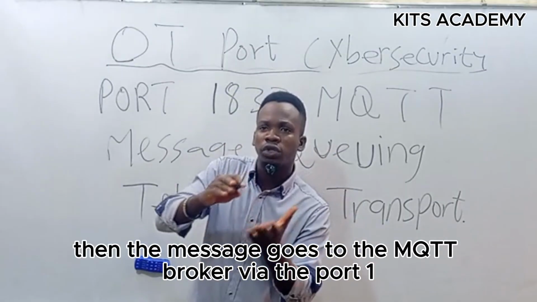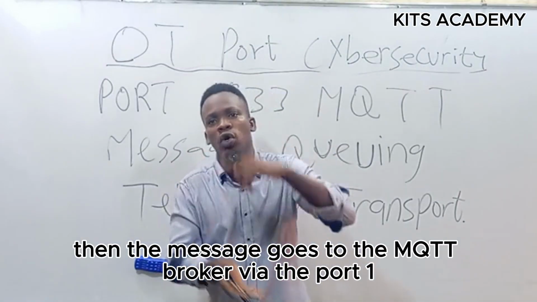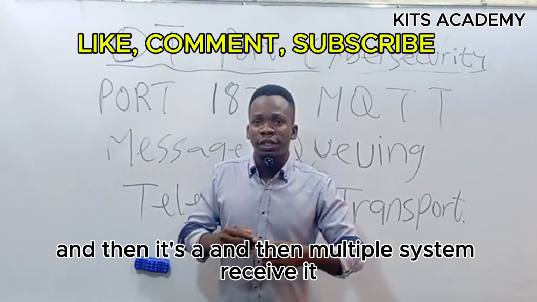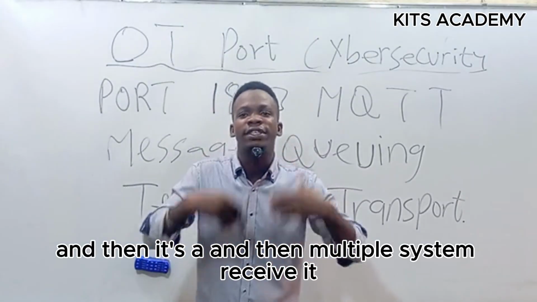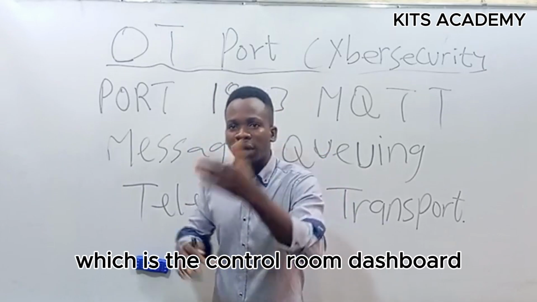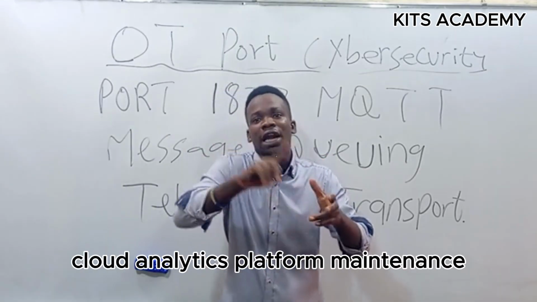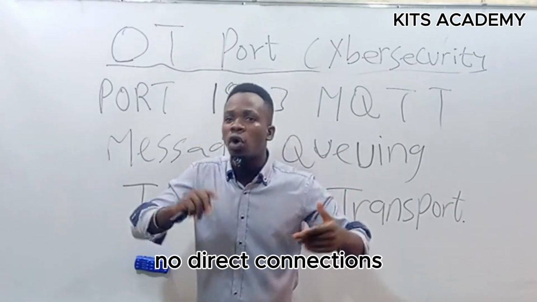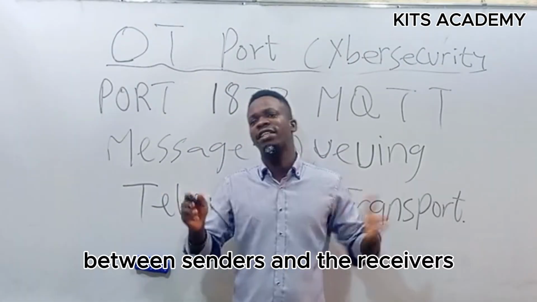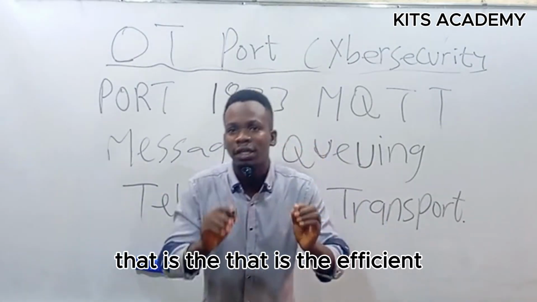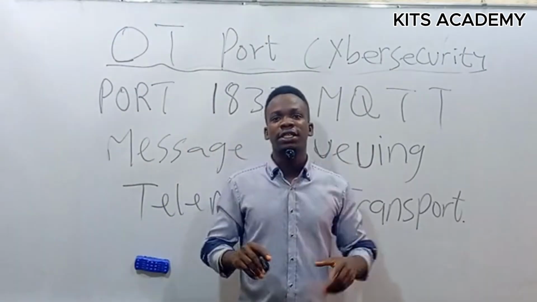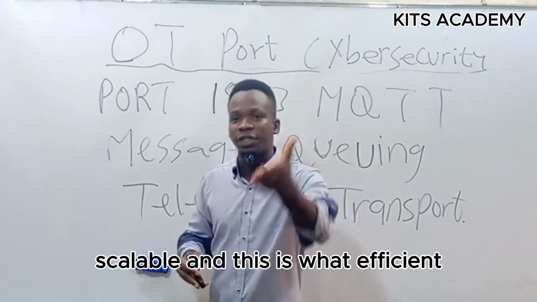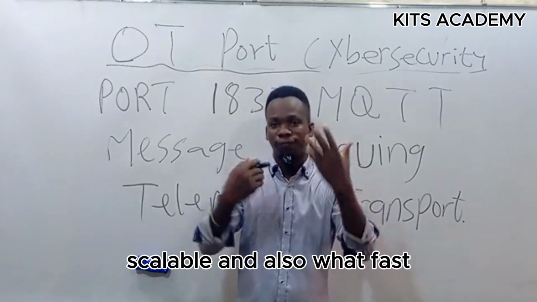Then the message goes to the MQTT broker via port 1883, and multiple systems receive it: the control room dashboard, the cloud analytics platform, and the maintenance alert system, with no direct connections between senders and receivers. That is efficient, scalable, and also fast.